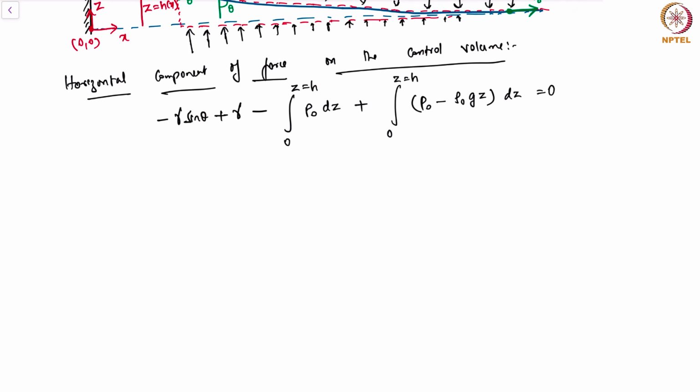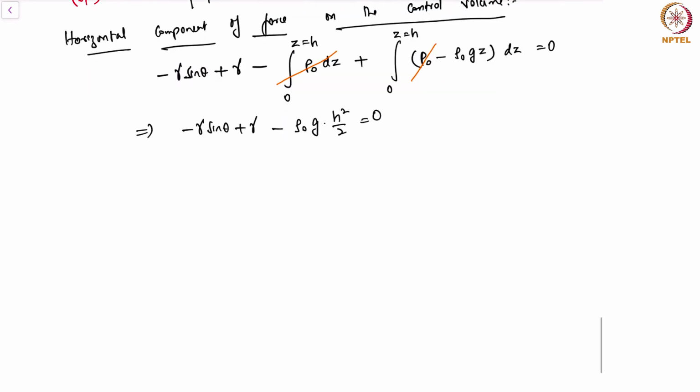And I can straight away cancel out a few terms here. So this P naught dz cancels out the term there on the right hand side. So I simply have minus gamma sine theta plus gamma, and I have rho naught g times the integral of z dz, which is just h square by 2, is equal to 0. Or I simply have gamma sine theta plus half rho naught g h square is equal to gamma.